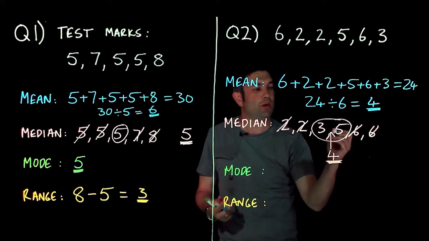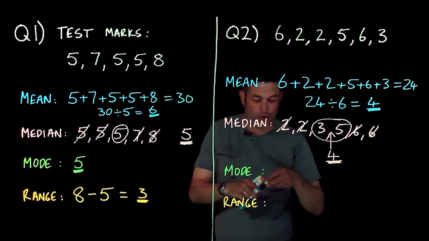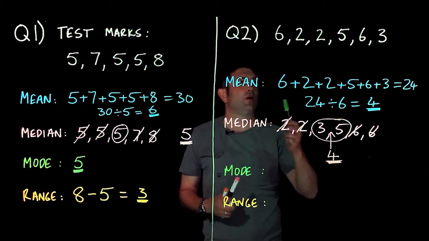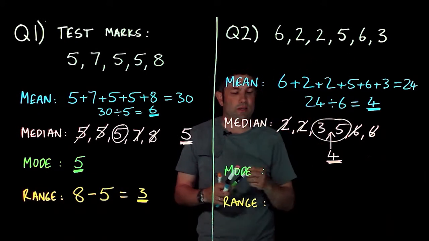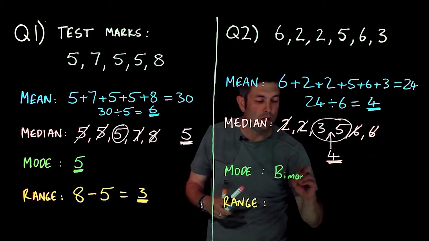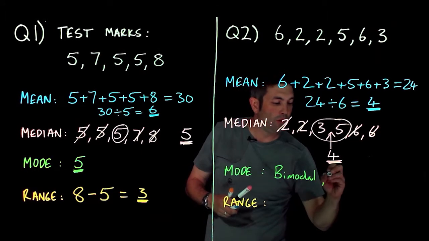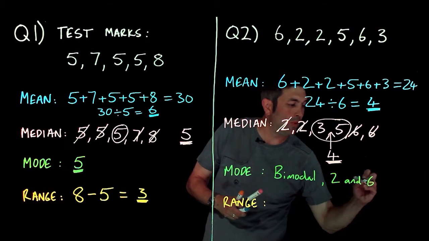So if you're left with 2 in the middle, find what's slap bang in the middle of those 2 numbers. Now the mode, what appears the most? Oh dear, again, we've got 2 2s and we've got 2 6s. Now this is known as bimodal, okay, because 2 and 6 appear the most.